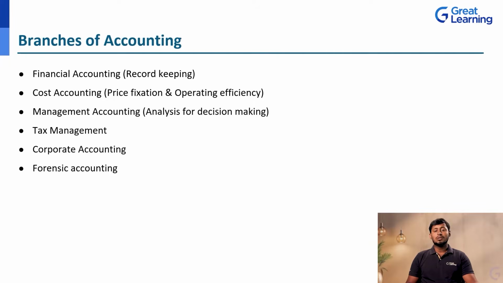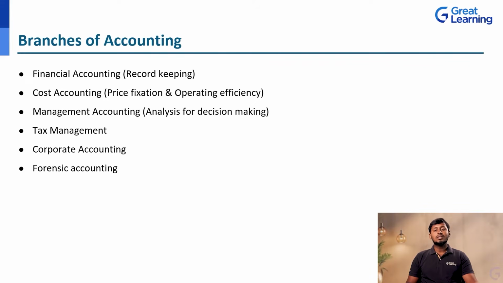If they are changing the manufacturing process, whatever the flow of the manufacturing process is, if they are going to change it in the organization, that is also decided through management accounting. Or if they are going to change HR policies for their employees, that is also under management accounting only. They need to take all these decisions.